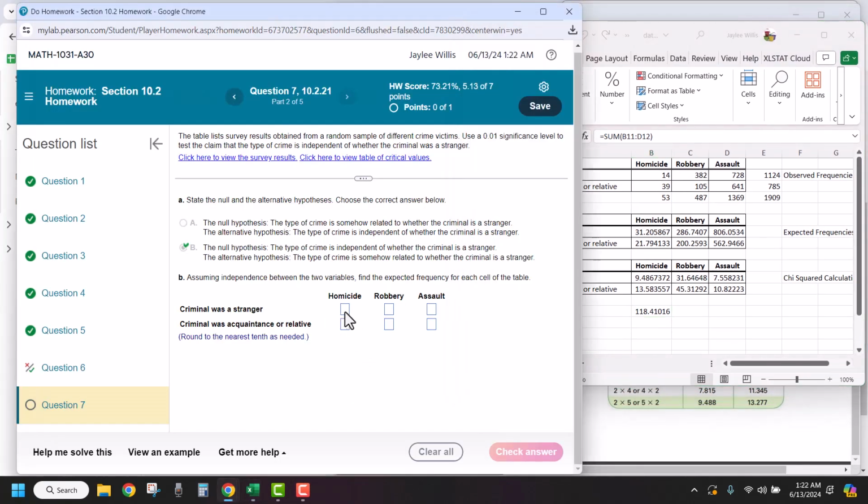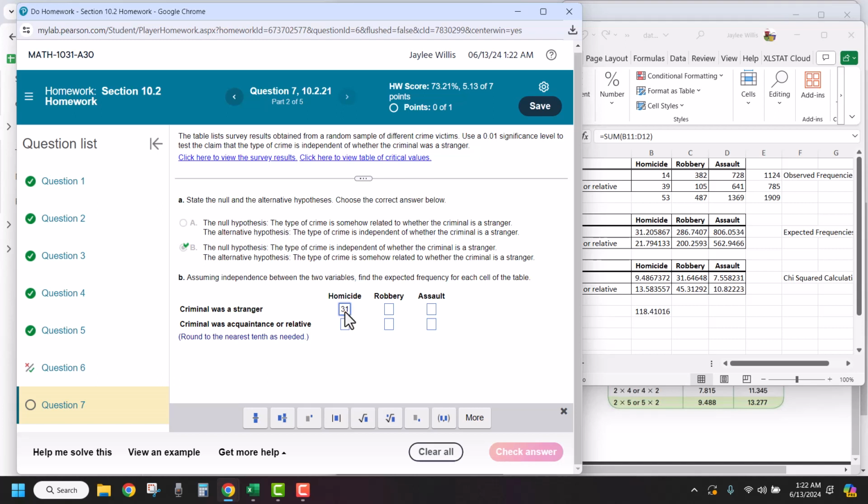Okay, so the expected frequency was 31.2. For the robbery, it was 286.7. For assault, it was 806.1 and 21.9 or 8, yes.